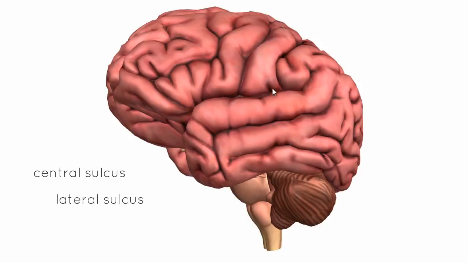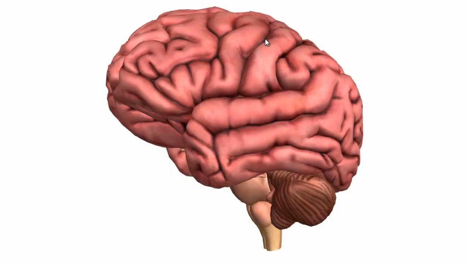I'll do another tutorial which goes through all these different grooves and ridges. But the reason I showed you these 2 sulci, the central sulcus and the lateral sulcus, is because these 2 sulci can be used to separate some functionally important lobes of the brain.